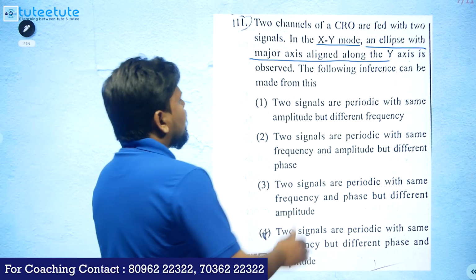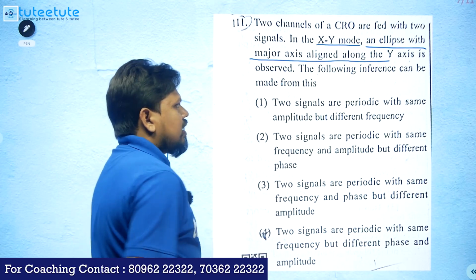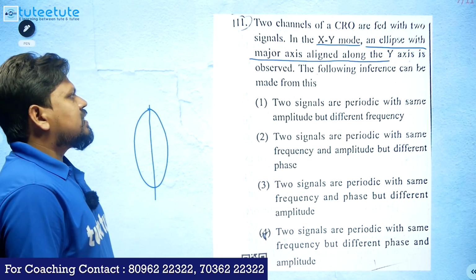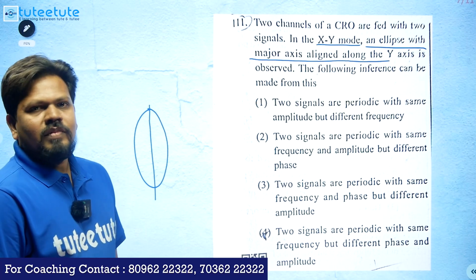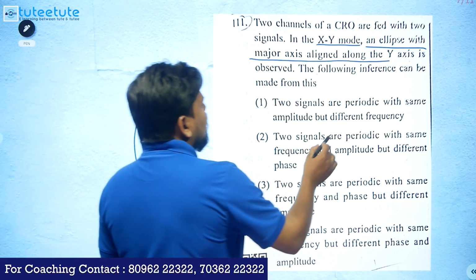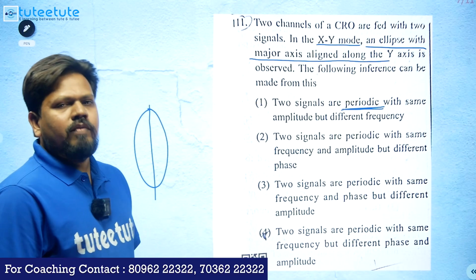Now the following inferences can be made. Two signals are periodic with the same amplitude but different frequency. Periodic means they both have the same period.